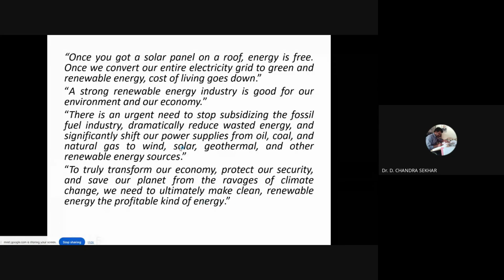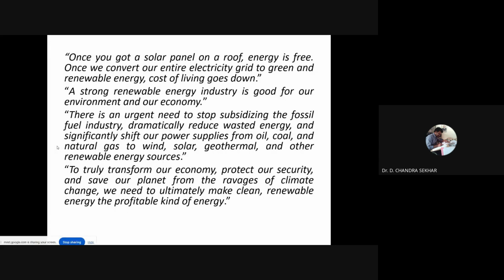There is an argument that we need to stop subsidizing the fossil fuel industry, dramatically reduce wasted energy, and significantly shift our power supplies from oil, coal, and natural gas to wind, solar, geothermal, and other renewable energy sources.